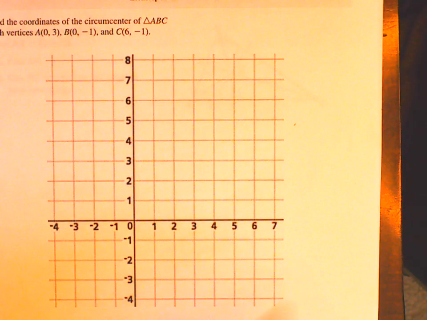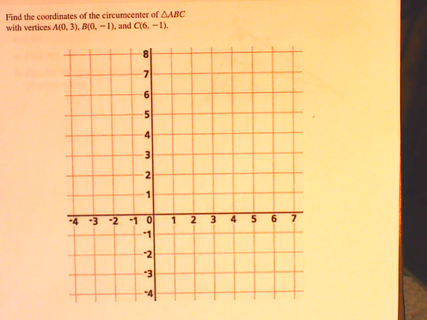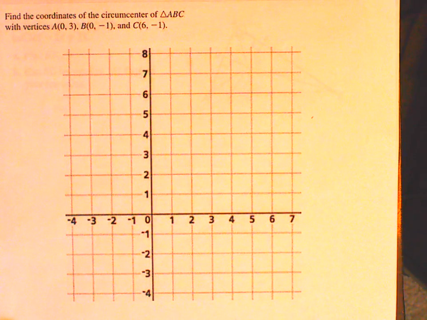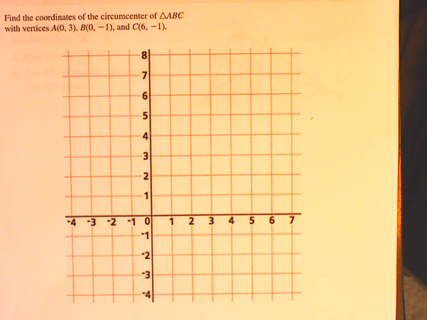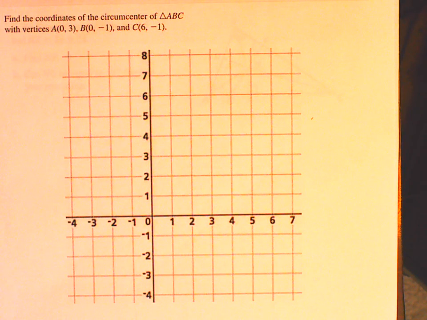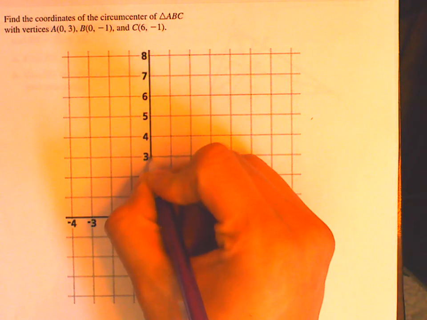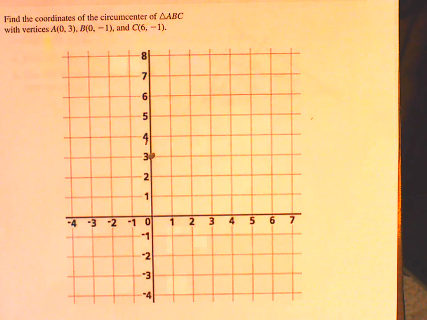For number 2, it says find the coordinates of the circumcenter of triangle ABC with the following vertices. First thing I want to do is make sure I graph this because I want to be able to do this graphically. It's not too bad. So let's look at (0, 3), which is right there.